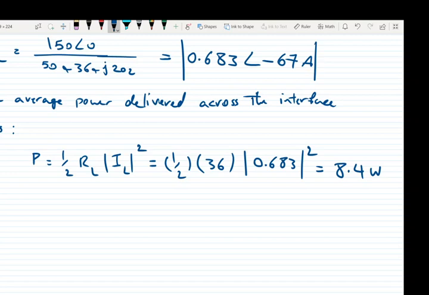We should know that all of this 8.4 watts goes into the 100 ohm resistor. Why? Because the inductor and capacitor do not absorb average power. Okay, let me write it down.